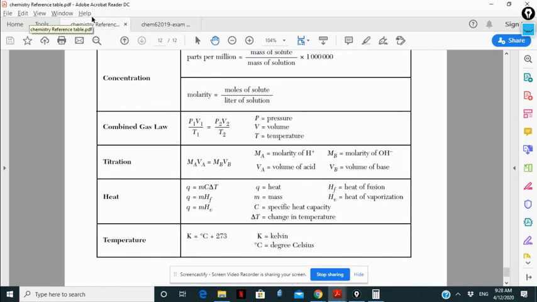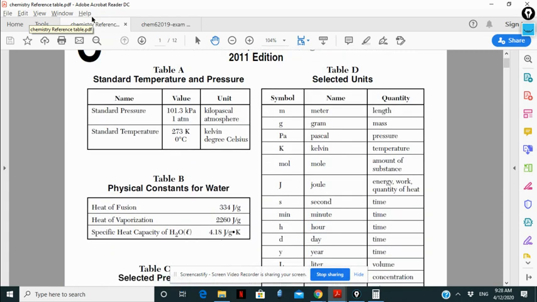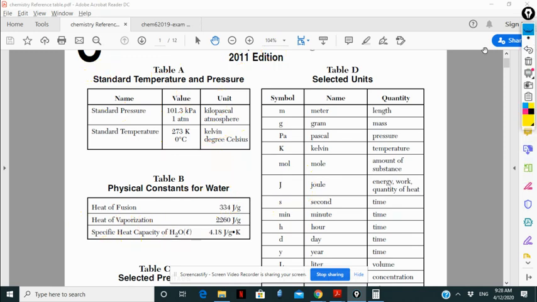The specific heat, on the first page, the specific heat of water is 4.18. So I have to multiply all these numbers.